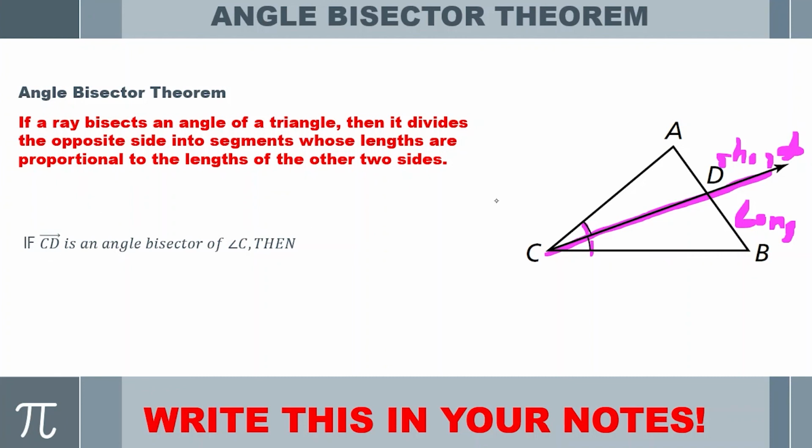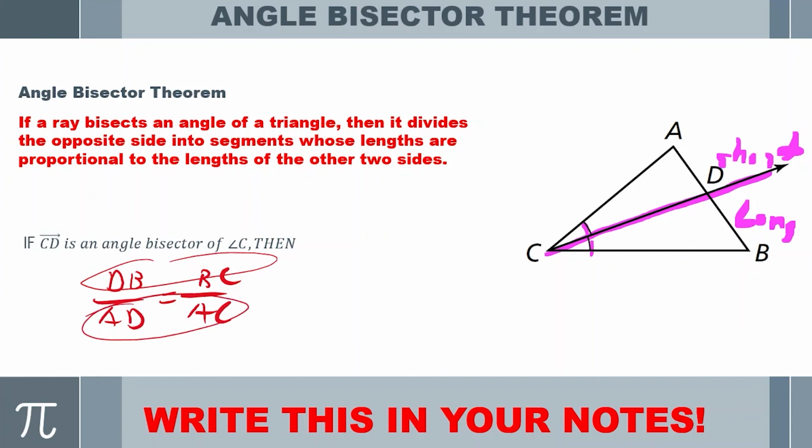If ray CD is an angle bisector of angle C, then the ratio of the long piece to the short piece, DB to AD, is proportional to the long side to the short side, BC to AC. So long to short, or long to long is short to short.